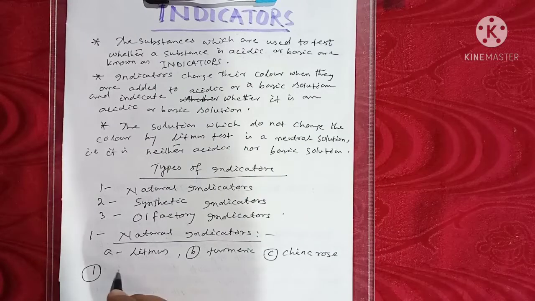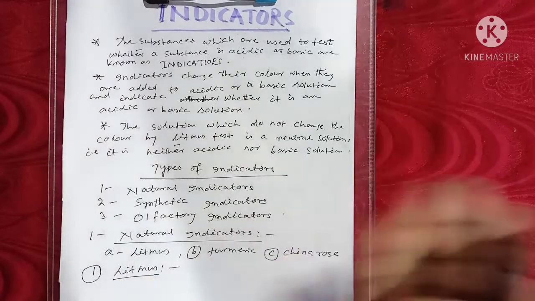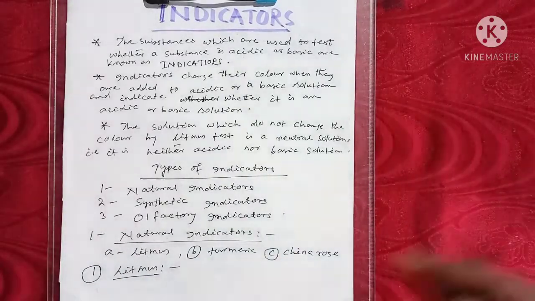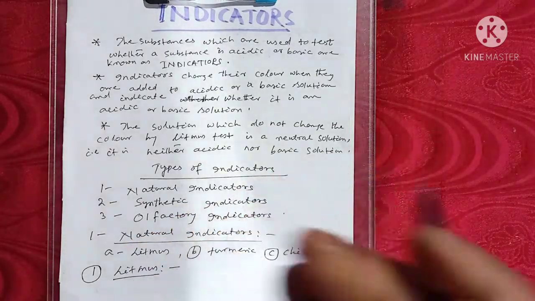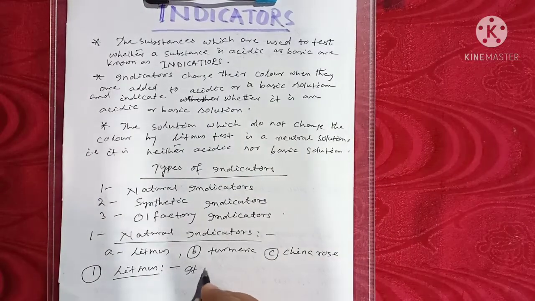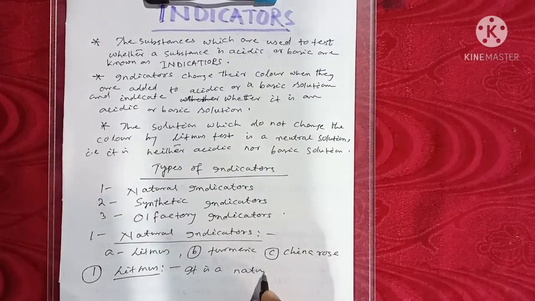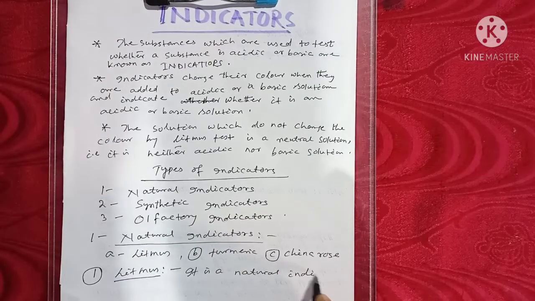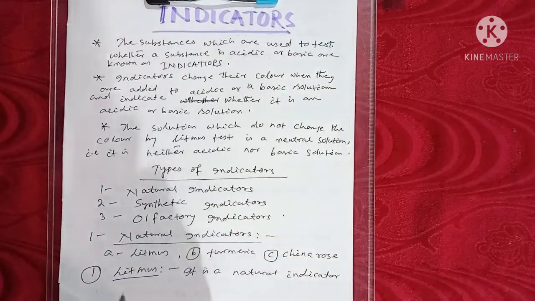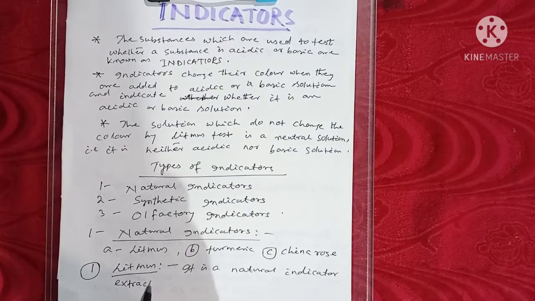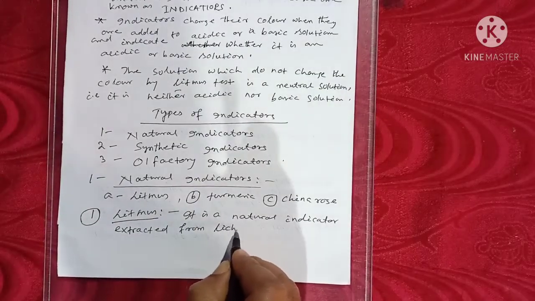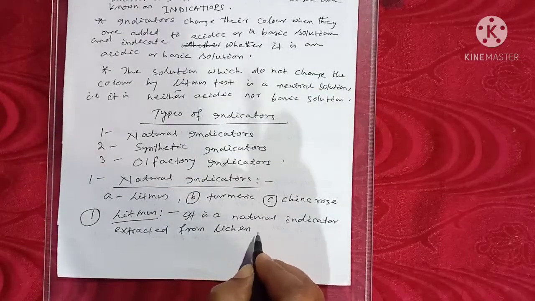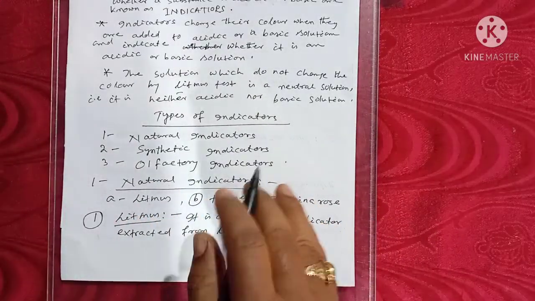First is your litmus. I have discussed about the test of litmus. So litmus is extracted from lichen. It is a natural indicator extracted from lichens, which are nothing but the seaweeds.